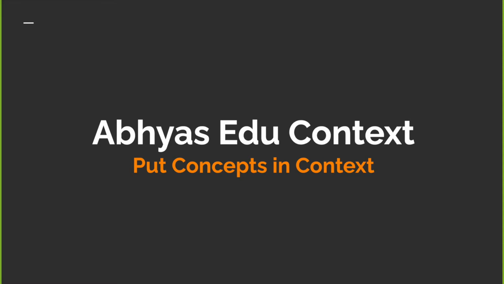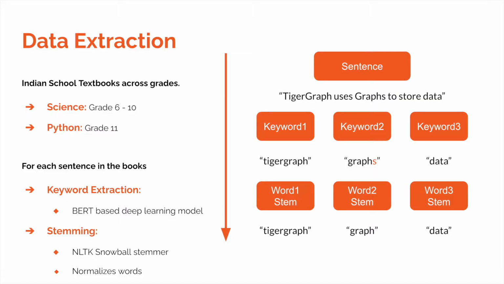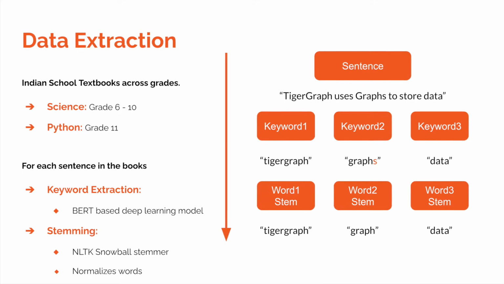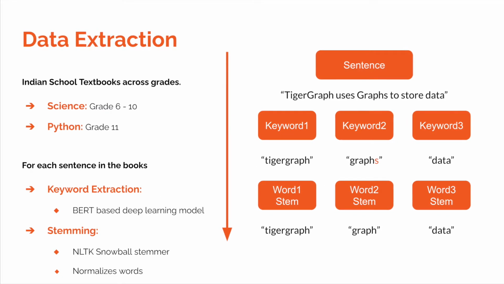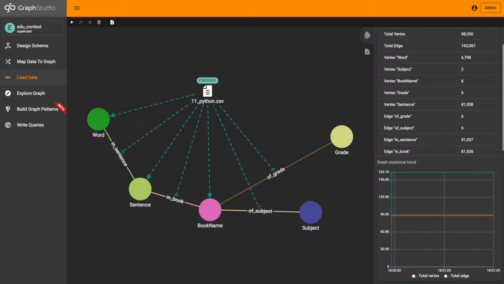We are building a search engine for education to put concepts in context. For the data, we parsed textbooks across grades and extracted keywords from each sentence using BERT-based deep learning models. These keywords are stemmed and stored in a TigerGraph along with contextual information like the sentence, page number, book name, grade, and subject.